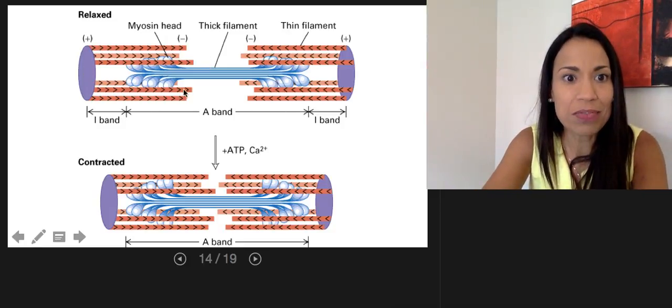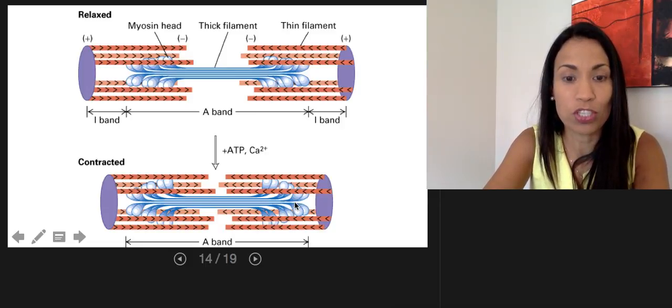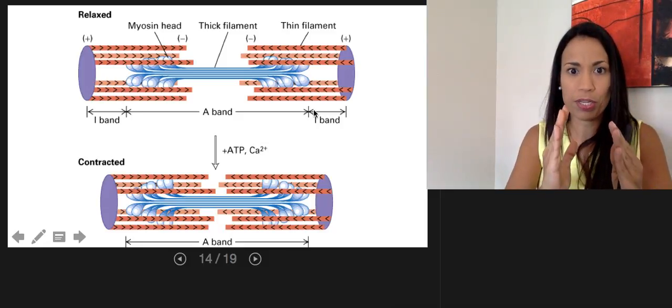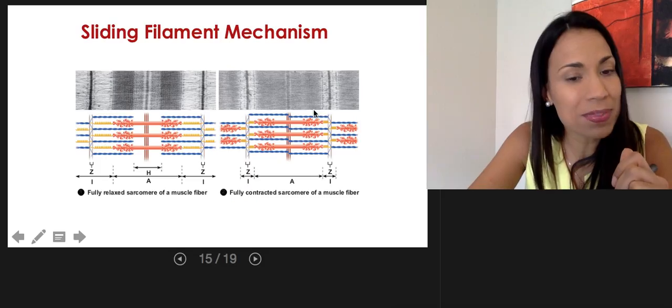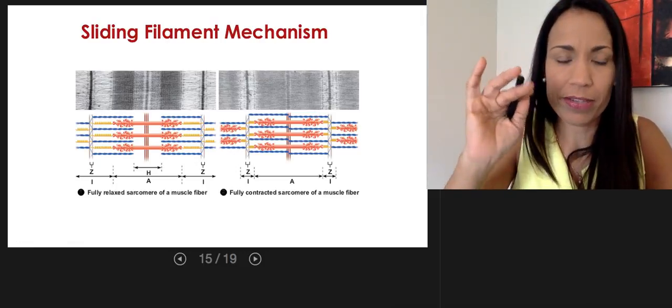See, this is the relaxed sarcomere, and compare the width of this sarcomere with this one, which is contracted. So we are shortening the entire sarcomere. Now, there are several things that we need to be clear on.